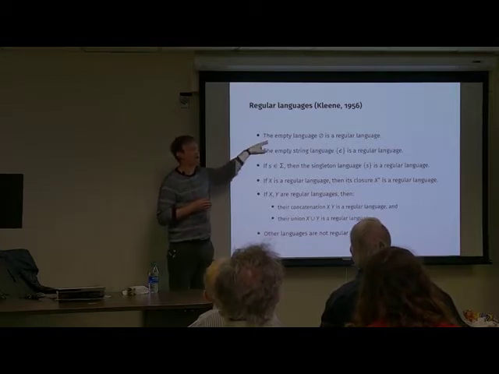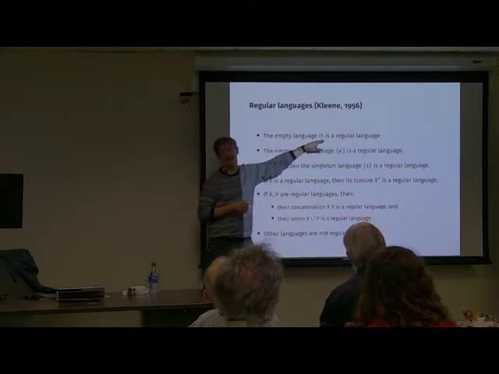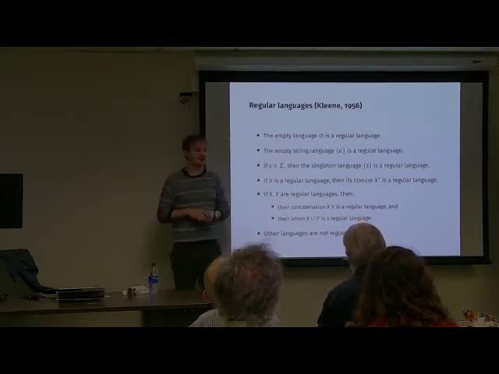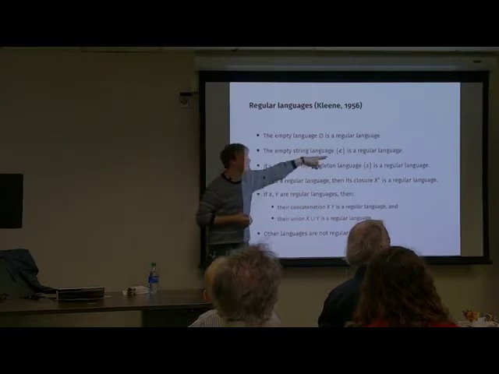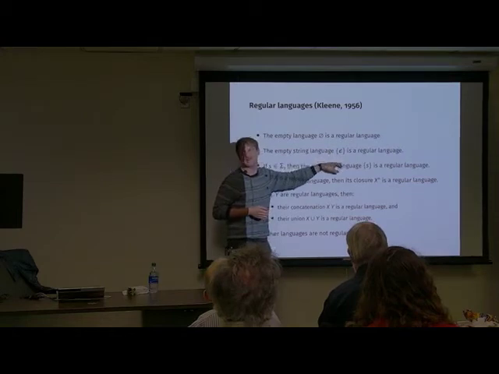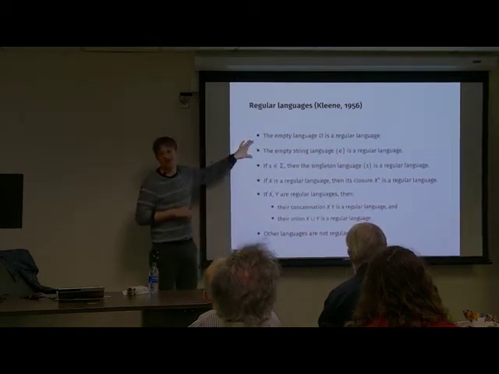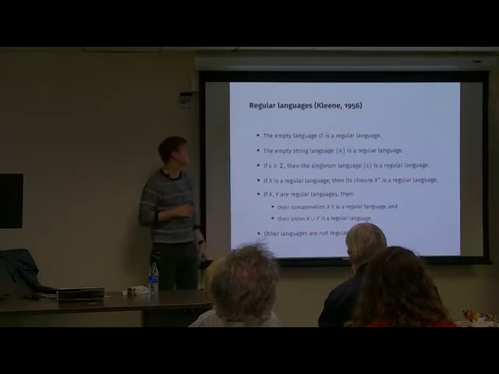First off, there is something called the empty language, which is just an empty set. That itself is defined to be a regular language by fiat. Secondly, the so-called empty string language, which is the language which contains exactly one string, the empty string, is a regular language. Neither of these are useful for really much of anything, but they're part of the definition.